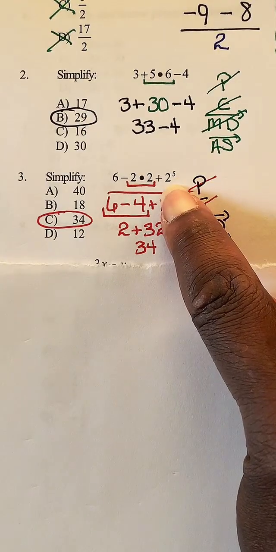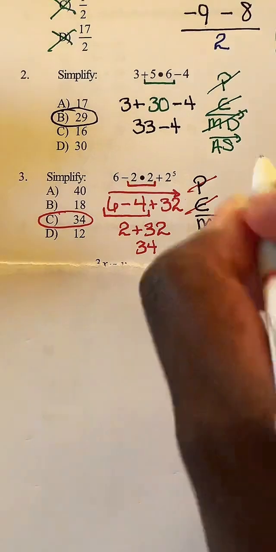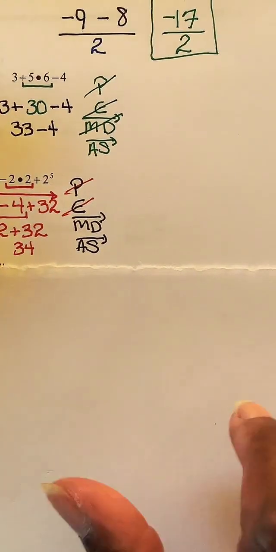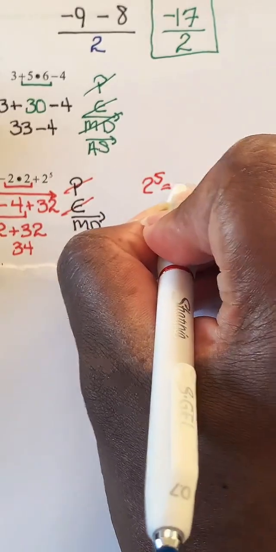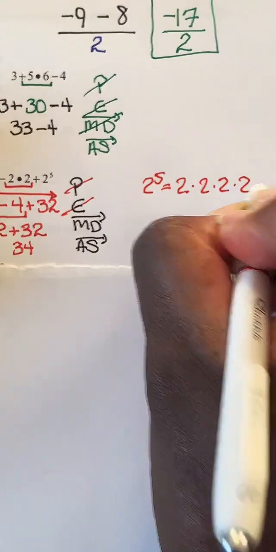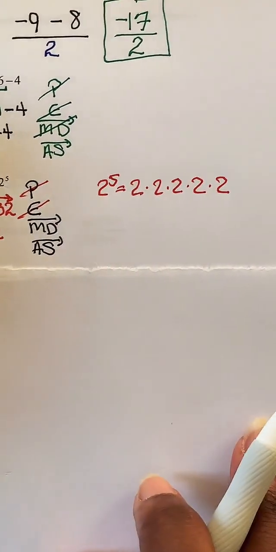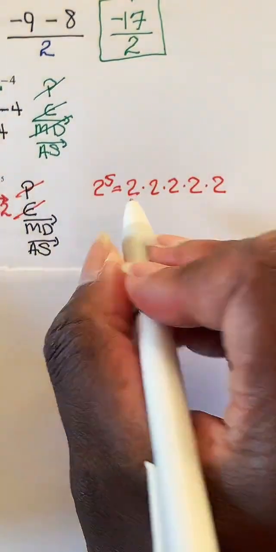Okay, so where did 32 come from? 2 to the 5th power. Okay, 2 to the 5th power does not mean 2 times 5. That is not 10. Stop it. When you see a larger number adjacent to a smaller number that's lifted, that's called an exponent. The 2 is the base, the 5 is the exponent.